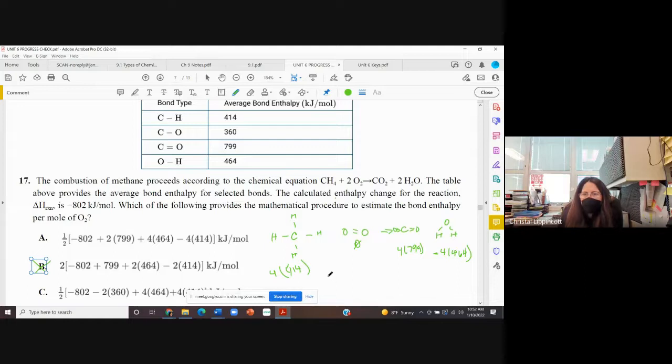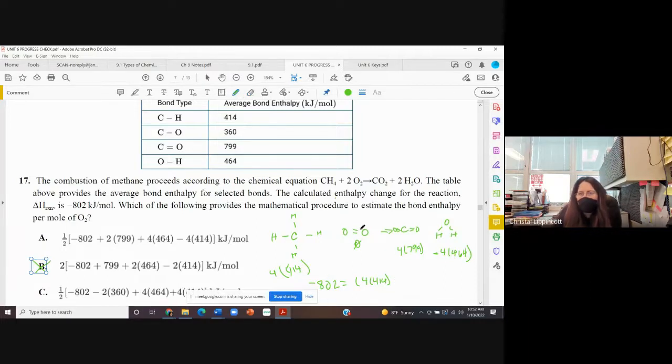Okay, so 8O2 equals, and that's going to be a negative value, equals 4 times 414 plus nothing for the 0. Oh, I see what they did.